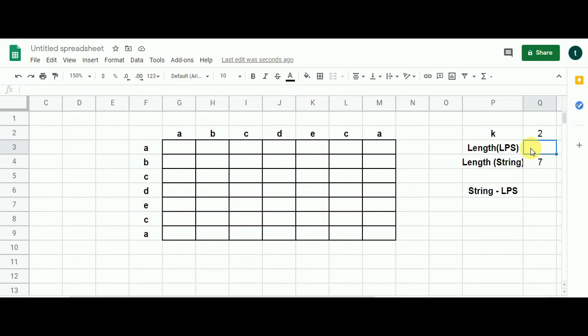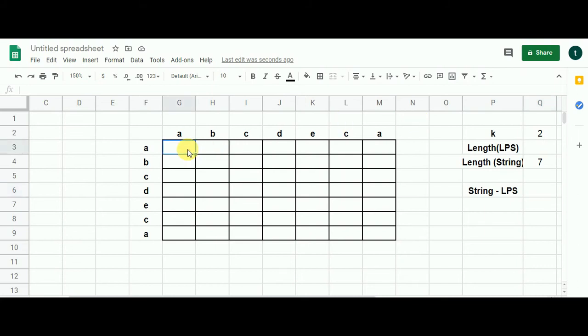We are going to fill the length of the LPS here, and string length minus LPS is going to give us the answer, which has to be less than or equal to k. I have already created a video on the longest palindromic subsequence in which I explained the intuition and the entire problem in detail. You can refer to that if you want to learn the problem in detail.